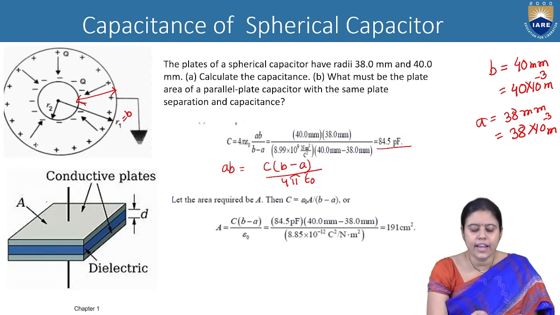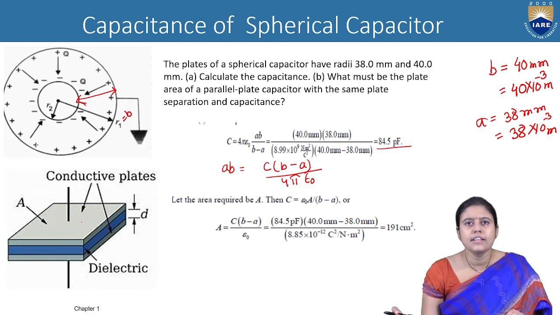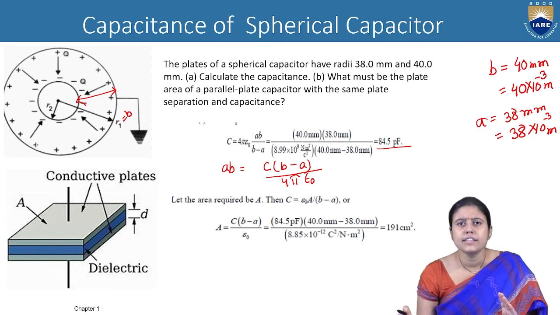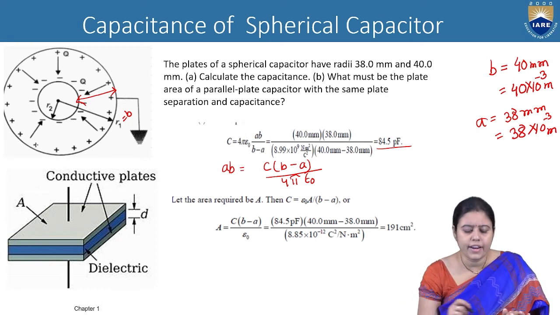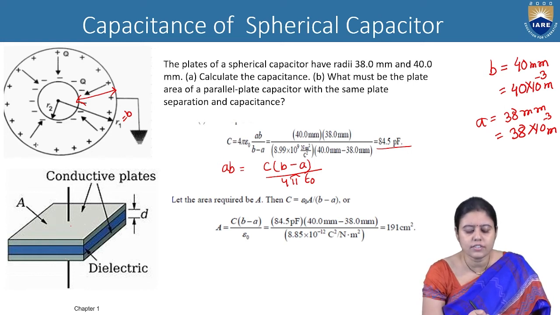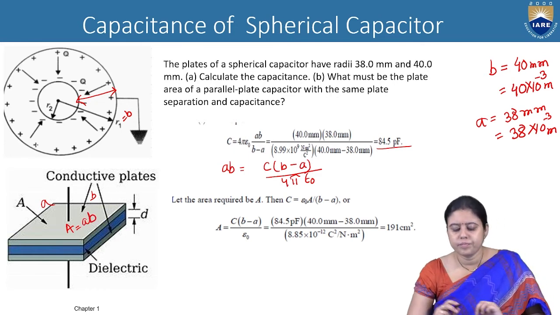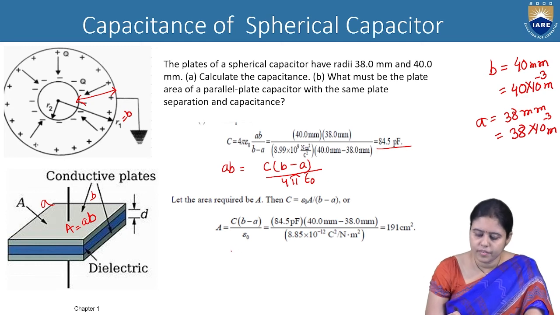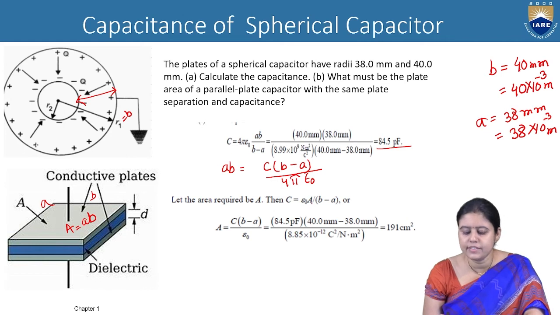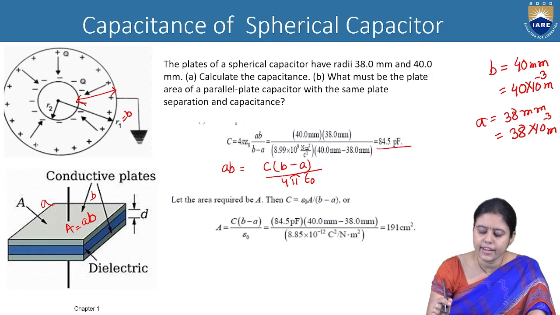In the case of the parallel plate capacitor, this is the area of the plate, as it is rectangular in nature. If this side is B and this side is A, the surface area is A into B. So we can write the capacitance as epsilon 0 AB by B minus A.